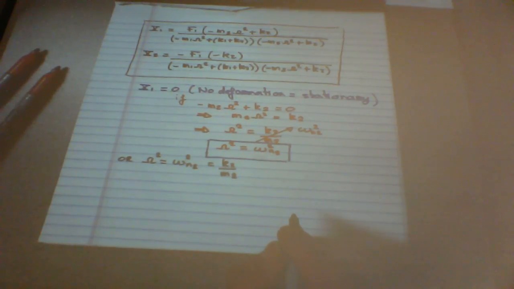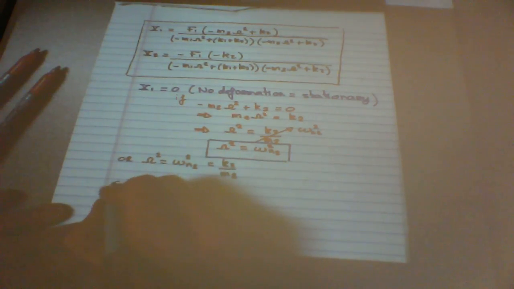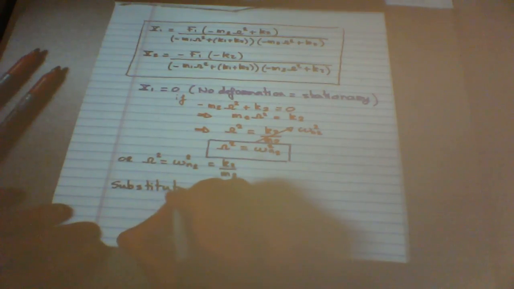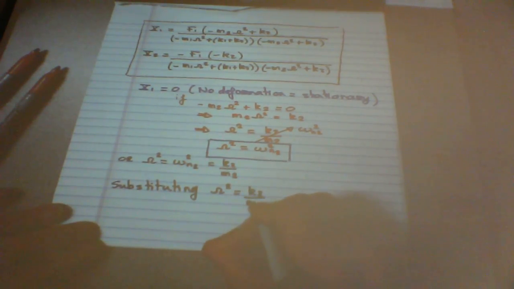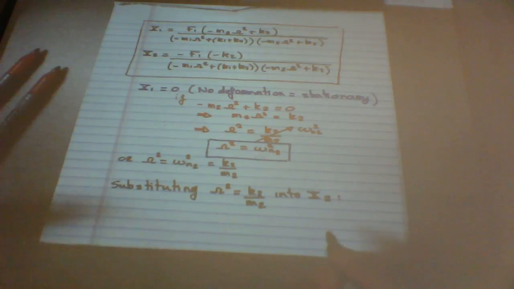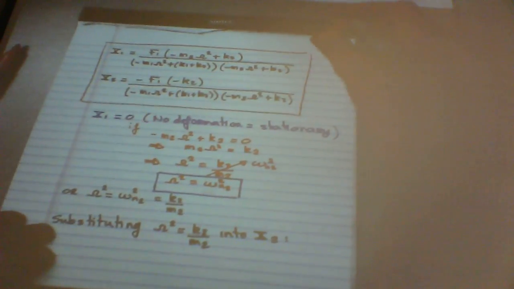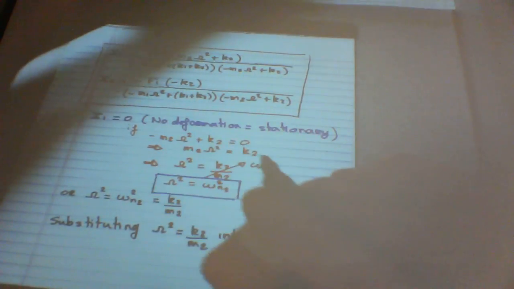Let's see what would happen over here. So substituting that result, omega squared equals K2 over M2, into X2, we'll see what happens with X2 now.